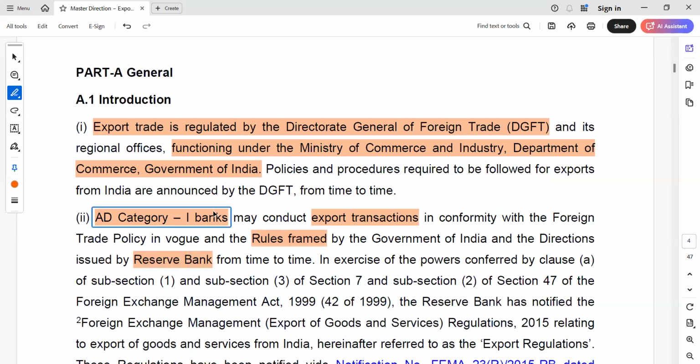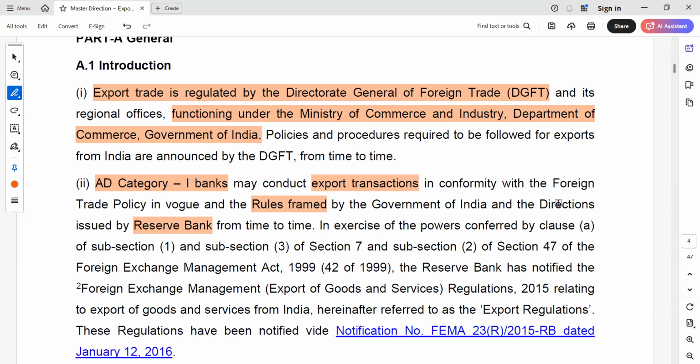So friends, all the AD Category 1 banks, for all export transactions they do, have to follow the guidelines of foreign trade policy, Government of India guidelines and directions issued by Reserve Bank of India. Based on this only, banks will be doing the transactions.